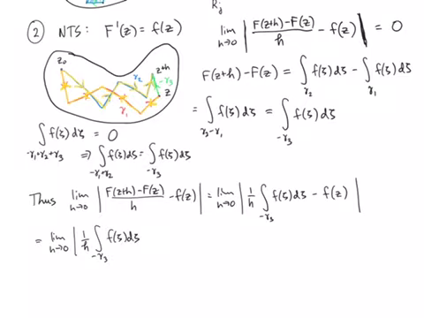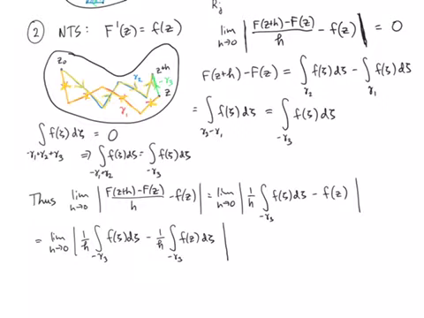So f of z, being a constant, is 1 over h times the integral along negative gamma 3 of just that constant with respect to d zeta. Because you can pull that constant out, and then the integral of 1 has an antiderivative, it's just zeta, and so we evaluate at the endpoints, z plus h minus z, and that's just h.